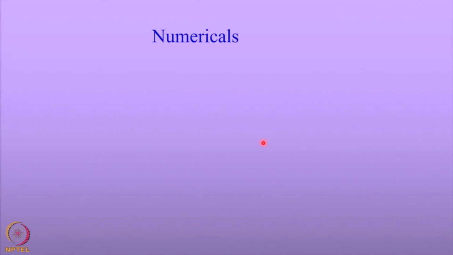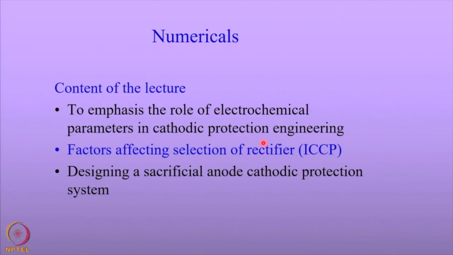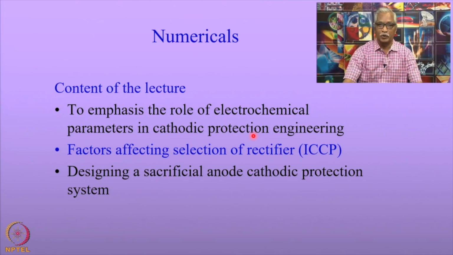The talk will consist of the following. The first two problems today will talk about how the electrochemical parameters decide the cathodic protection engineering viability. These are today's contents of the lecture.